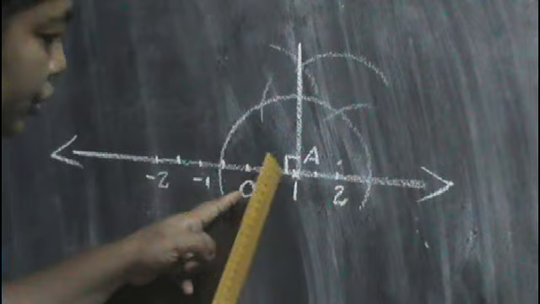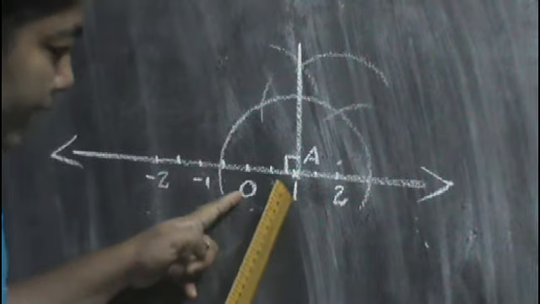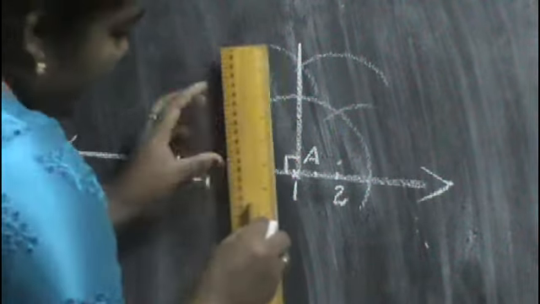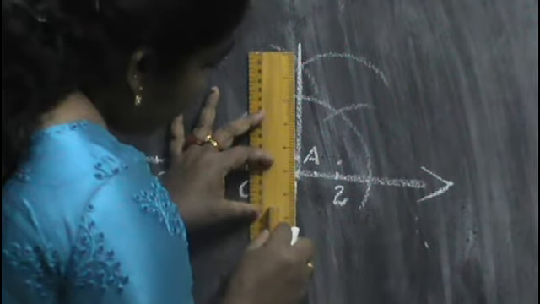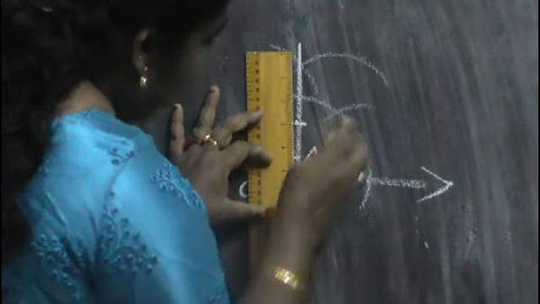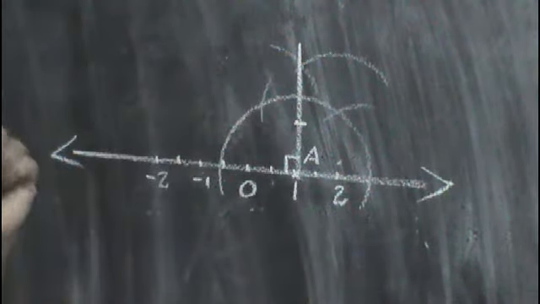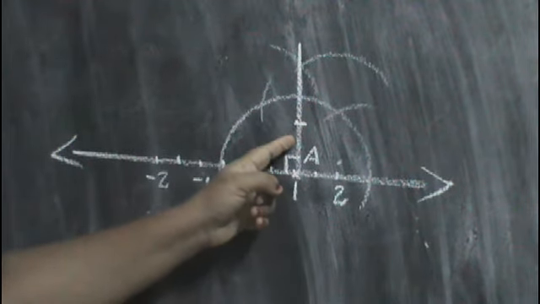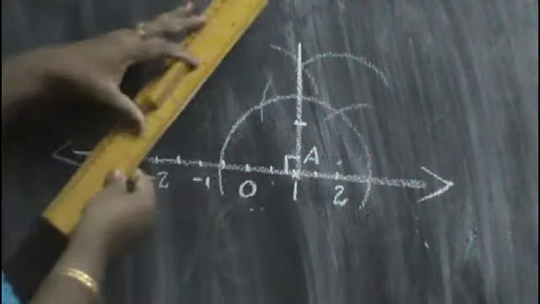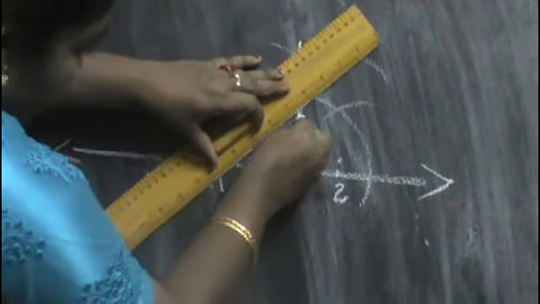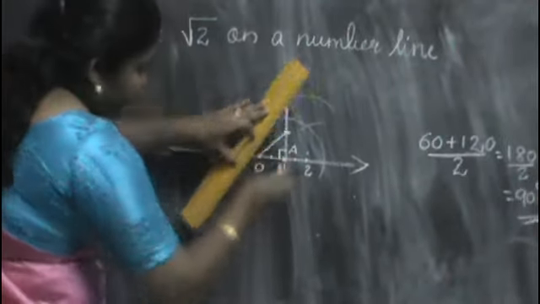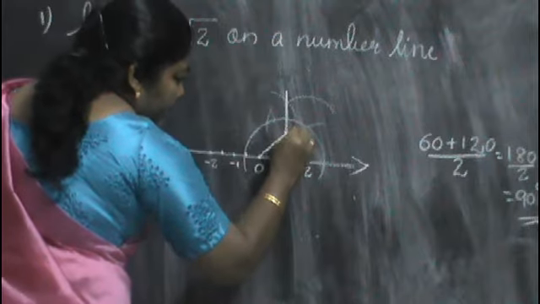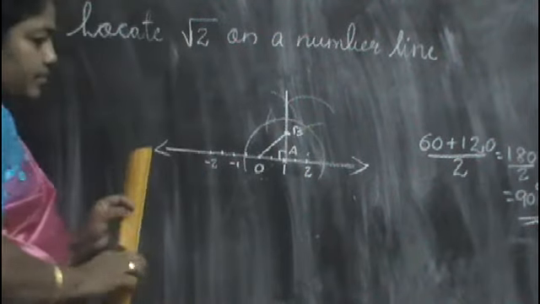Here I take 2 centimeters as 1 unit, so here also I have to take 2 centimeters like this. If you are taking 1 centimeter only, here also you take 1 centimeter only. Clear? Now we join these 2 points, and we give the name B here.